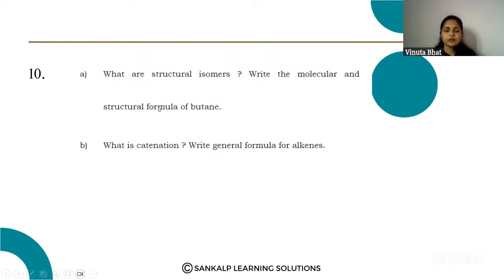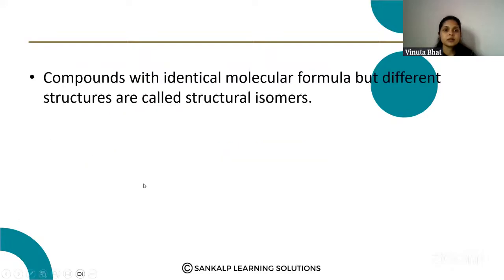Please note down this question, a very important question, asked in old question papers. Compounds with identical molecular formula but different structures are called structural isomers.